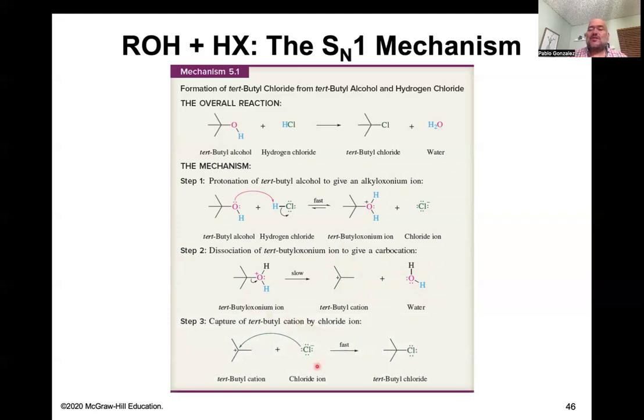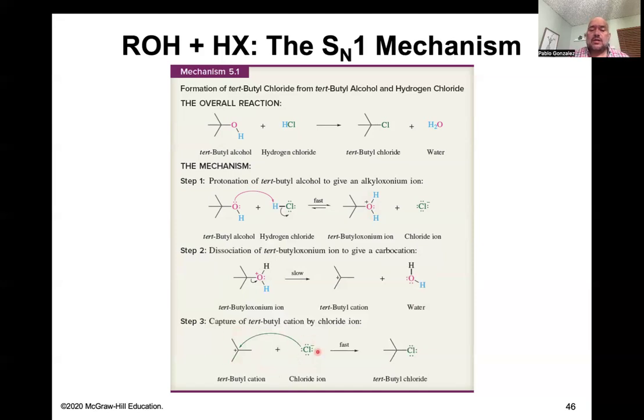That is the opposite. Now we have this species here that has a negative charge, an excess, a big electron density. And this is going to behave as a nucleophile, which is going to attack the electrophile. The electrophile is the species that lacks electron density, and that's going to be the carbocation.